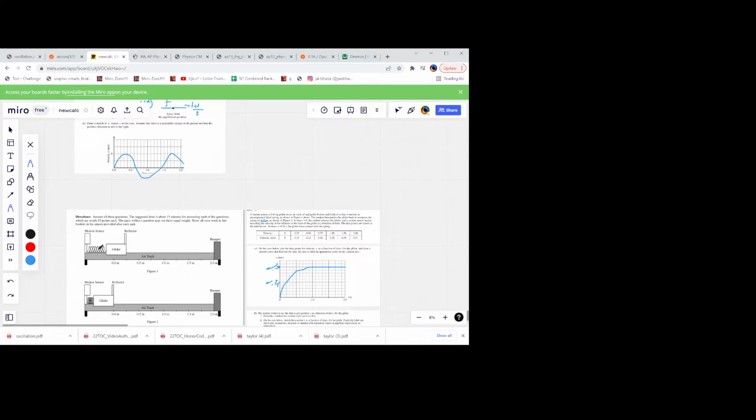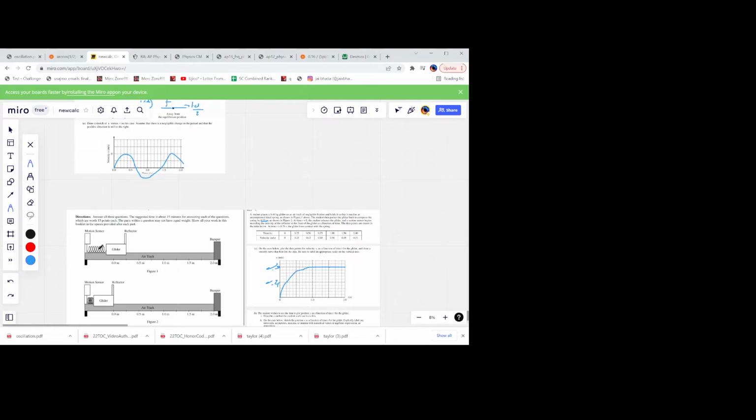I'm having an extremely hard time thinking about this. Okay, even though I think it's wrong, I'm going to presume that at t equals 0.79, the glider is at 0.25 meters.